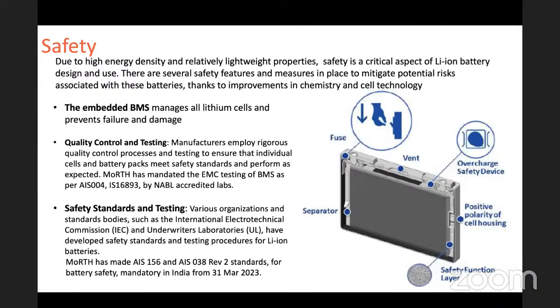So considering all these, the embedded BMS, the battery management system, is introduced per cell. Starting from the cell to the pack, the BMS manages the parameters of a battery cell. It has multiple safety features, like a separator, fuse and vent, and different safety functions and a communication layer. Everything is provided for creating safety for the battery as well as the human operating these batteries.